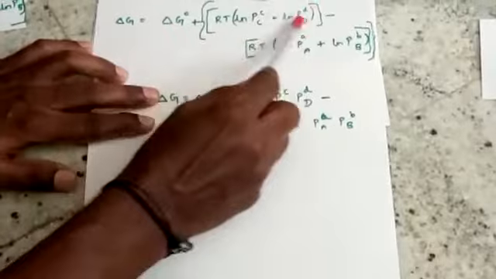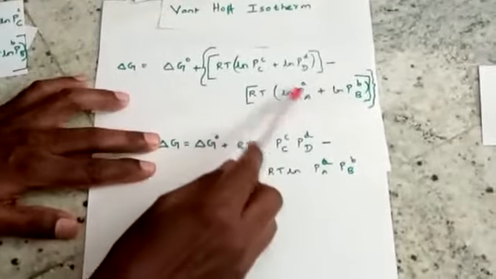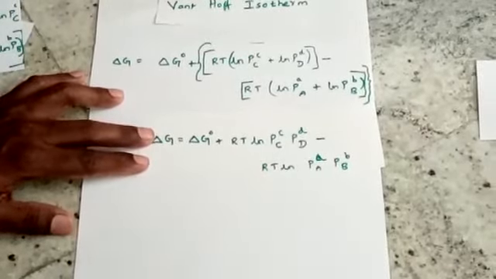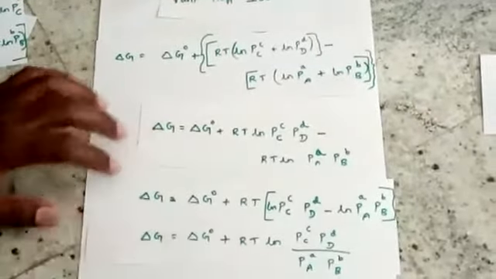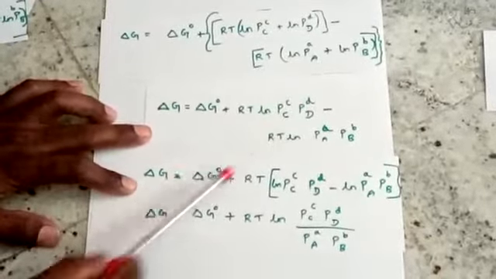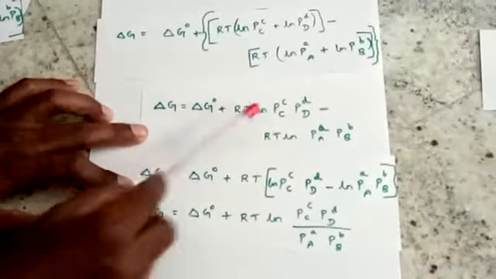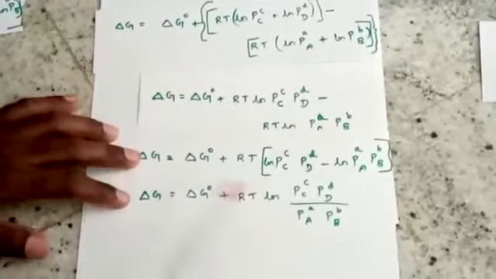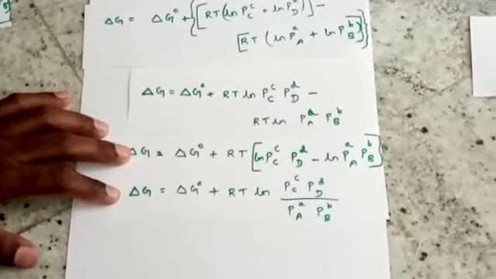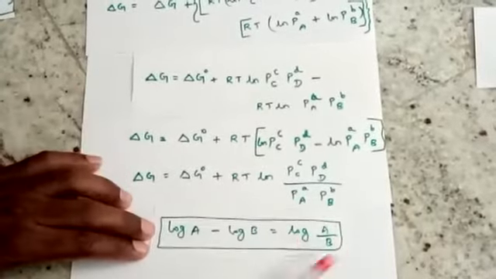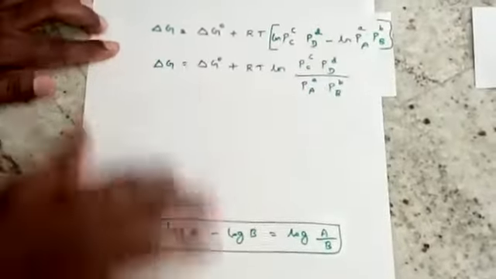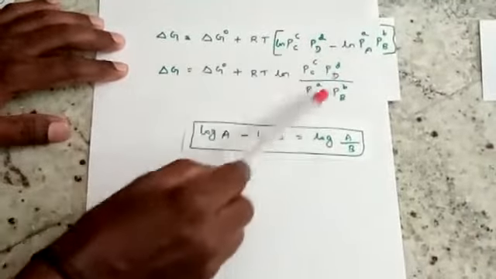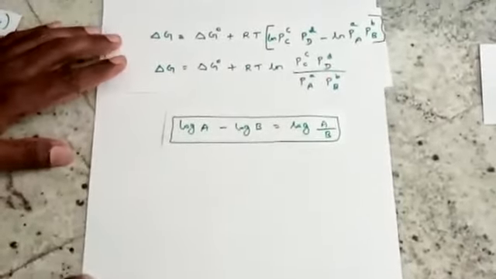Again, minus RT ln of the product of these two. Take RT as common: ln PC to the power c, PD to the power d, minus this term. We know log A minus log B is equal to log A by B. Therefore, ln PC to the power c, PD to the power d by PA to the power a, PB to the power b.